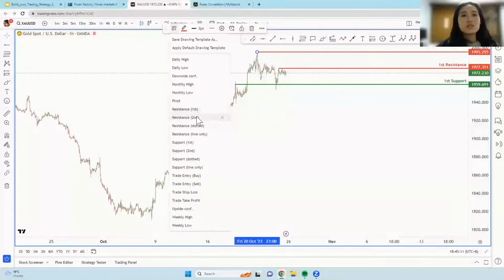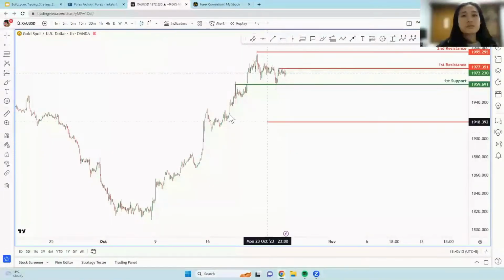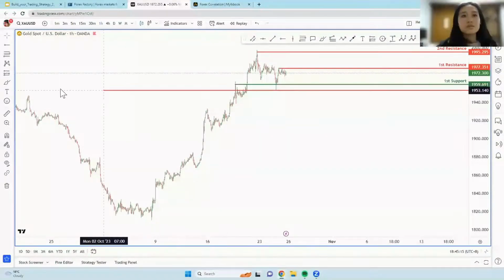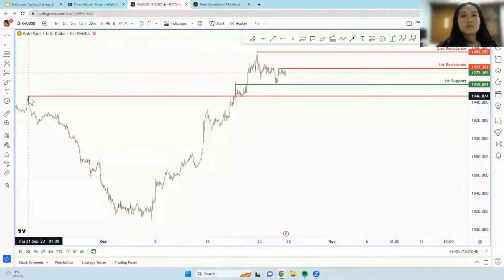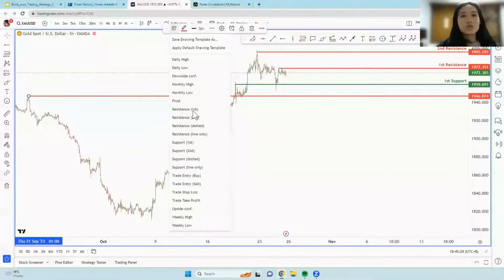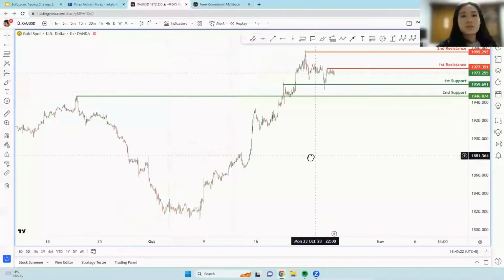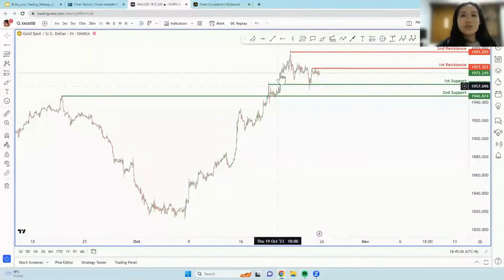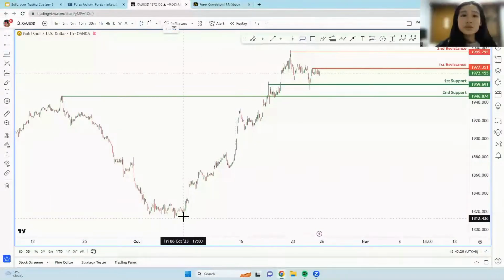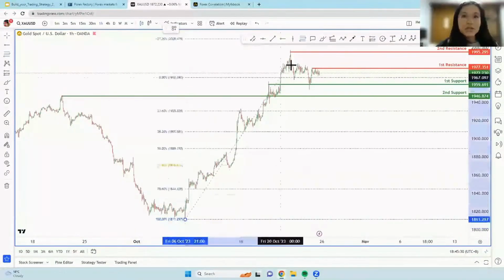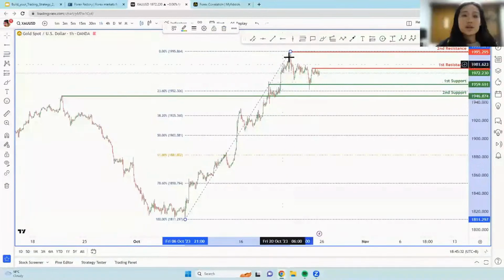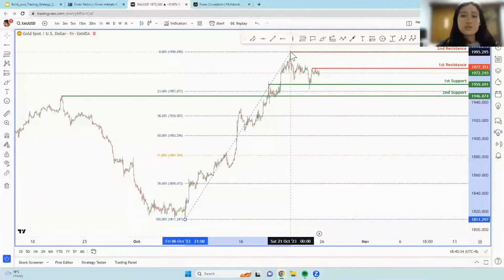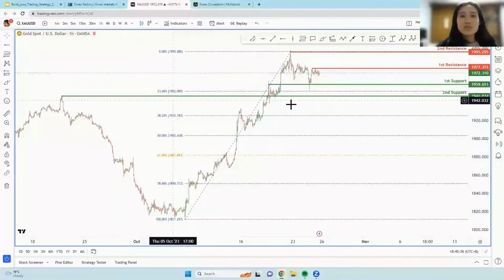Second resistance here. Okay, second support here. So these are just purely graphical. And then now I'll go in with some Fibonacci levels to support my graphical levels. Okay, and I can see my 23.6 lines up with my second support.